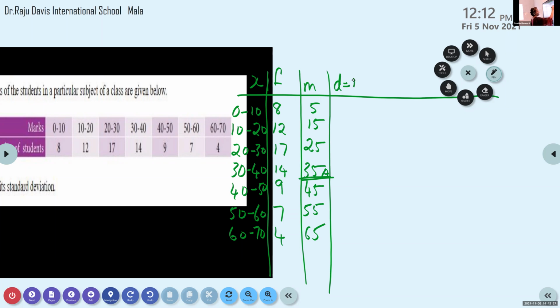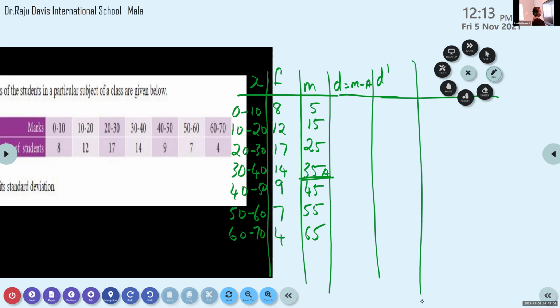Mid value minus assumed mean, M minus A. Then D dash, that is M minus A divided by C. So first find D. D also you might have got in the previous table. You have done that in the morning.